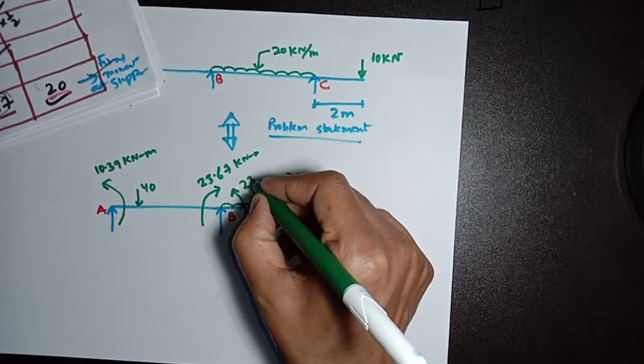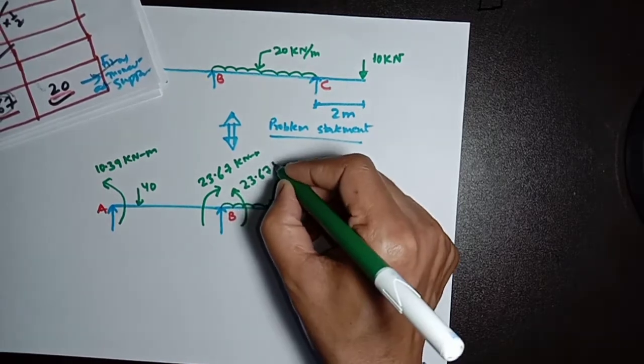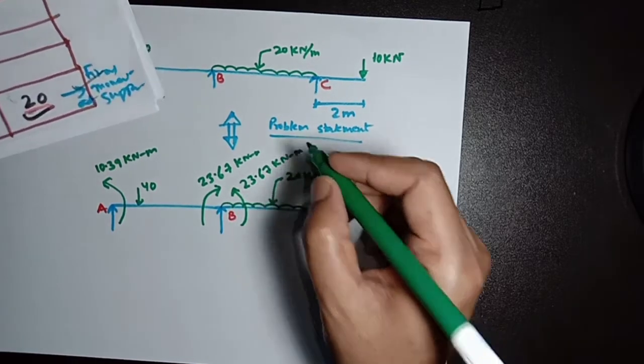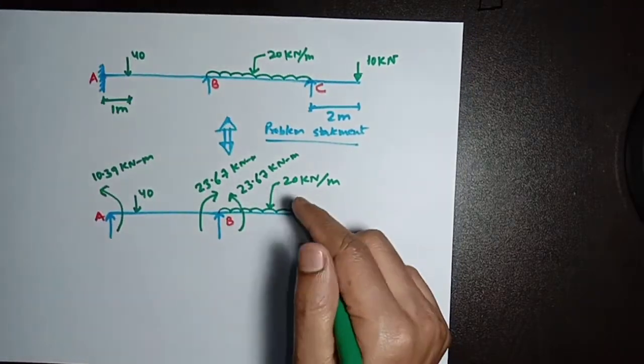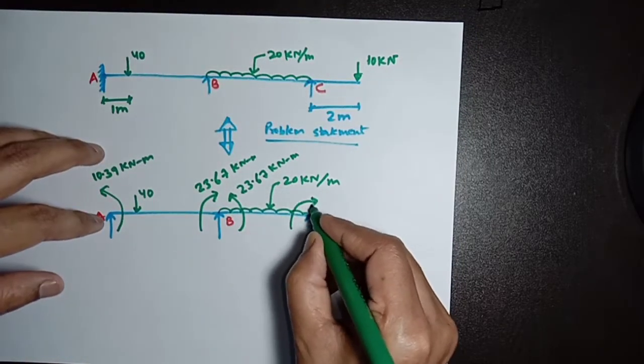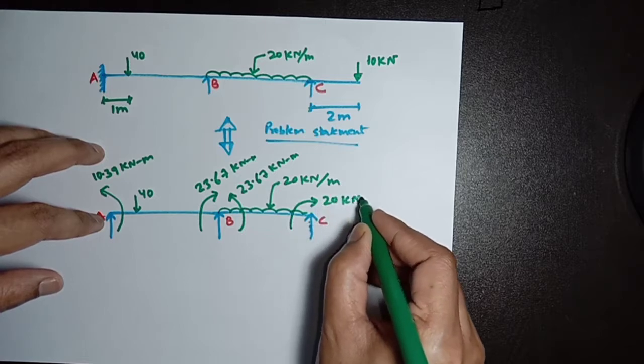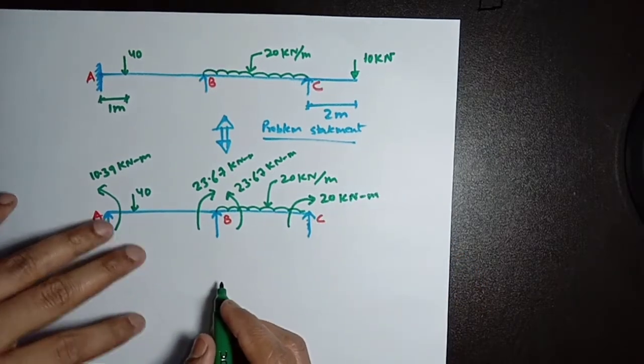So a 23.67 kilonewton meter moment is acting here, and support C has a clockwise moment of 20 kilonewton meter. This is our loading diagram.